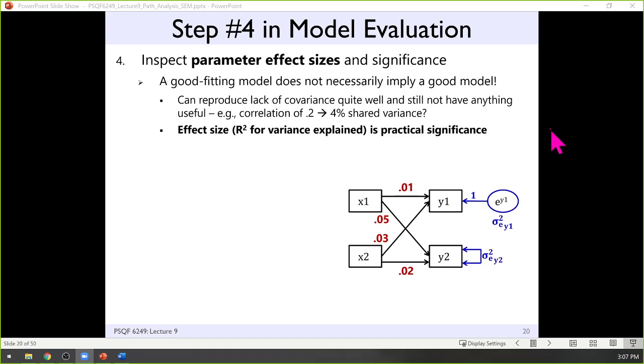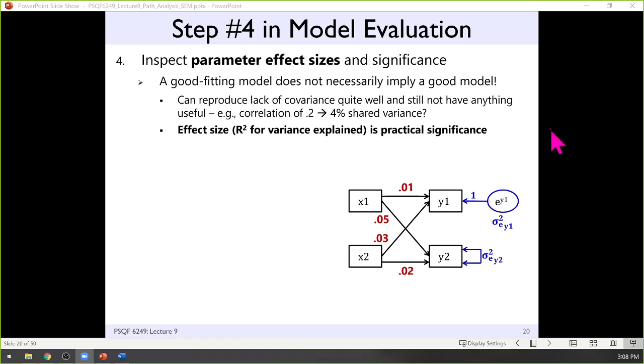Those predictors just don't significantly predict the outcomes the way you might have been hoping. Yeah, your model has accurately captured the lack of relationships between your variables. That's what it means. So if they're not related to each other, then that's what the paths are indicating. The fact that you have accurately reproduced those non-relationships is why your model fits well.